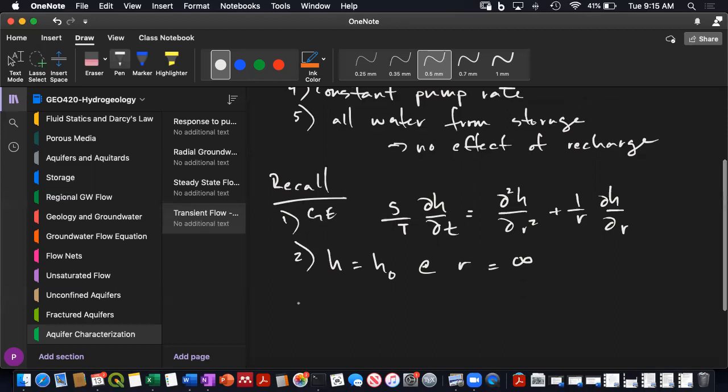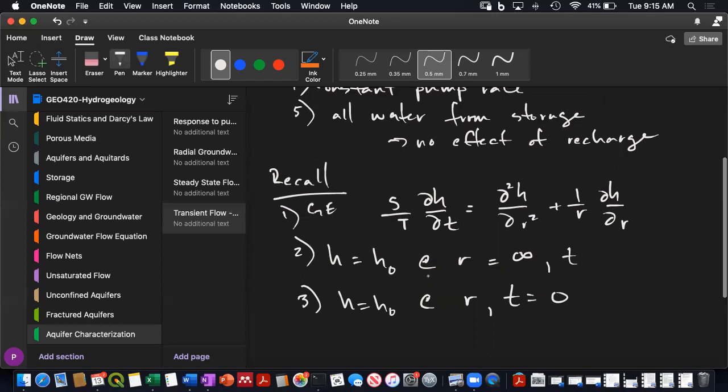And initial conditions are another thing we need to have. That is that H is equal to H naught for all r at t equals 0. So this is how we write these boundary conditions.